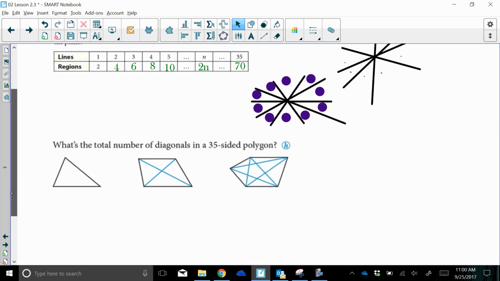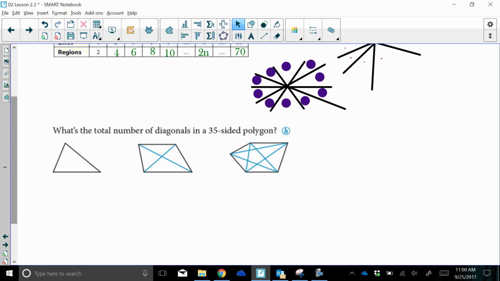So in this diagonals problem, what's the total number of diagonals in a 35-sided polygon? Well, first, let's look at number of sides and number of diagonals.